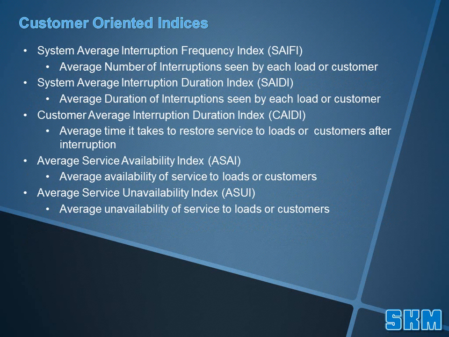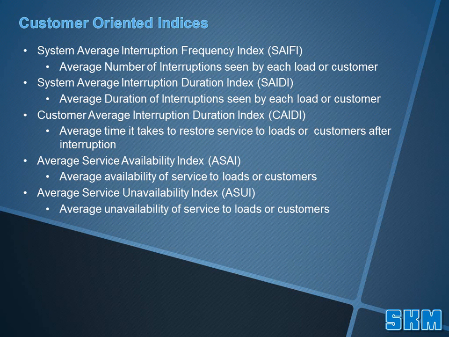These are the customer or at-load oriented indices. The values here come from the results of the reliability analysis. System Average Interruption Frequency Index, which is the average number of interruptions seen by each load or customer. The System Average Interruption Duration Index, which is the average duration of interruptions as seen by each load or customer.